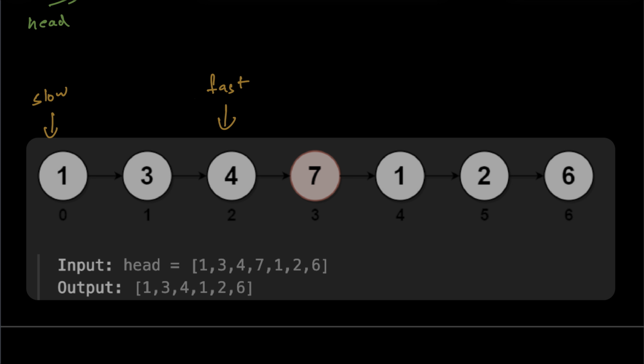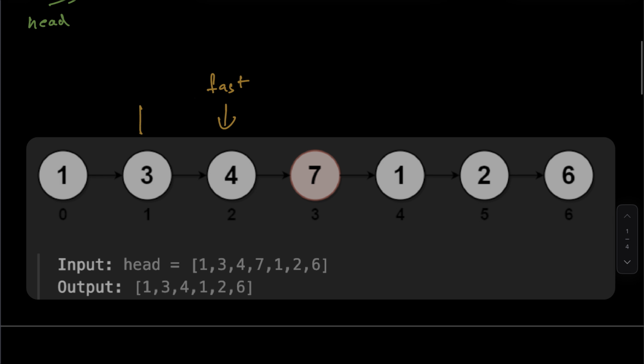We are traversing in the same fashion only. Slow will first move 1 point ahead, slow reaches here, fast reaches 2 points ahead. Again slow will reach 1 point ahead, and fast will reach 2 points ahead.